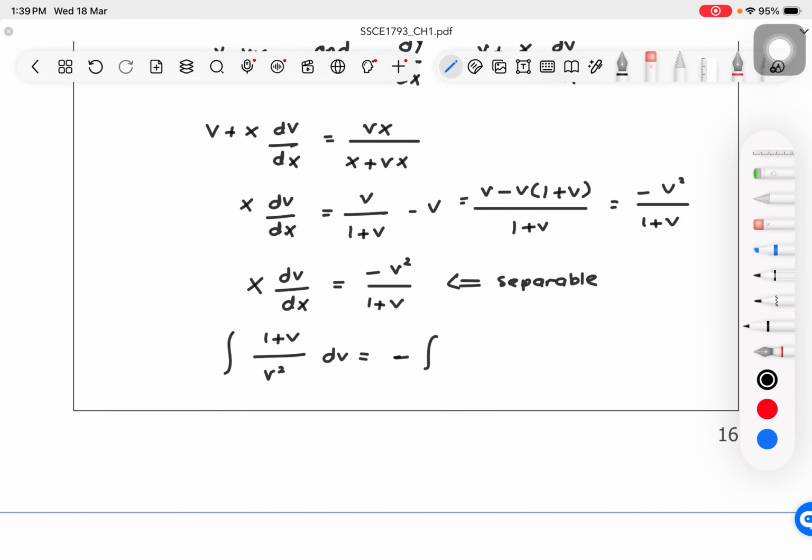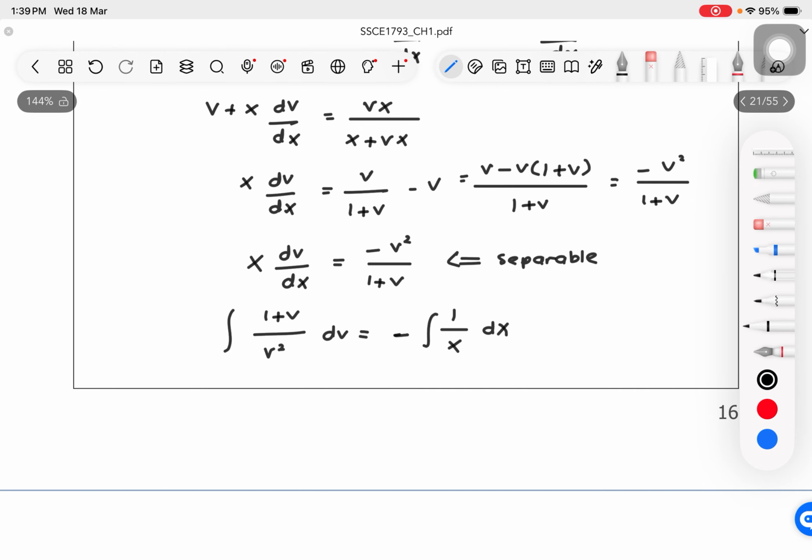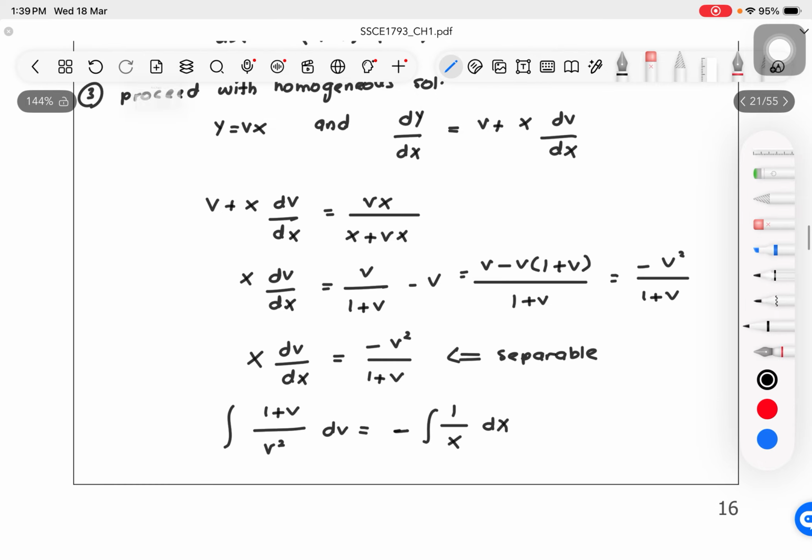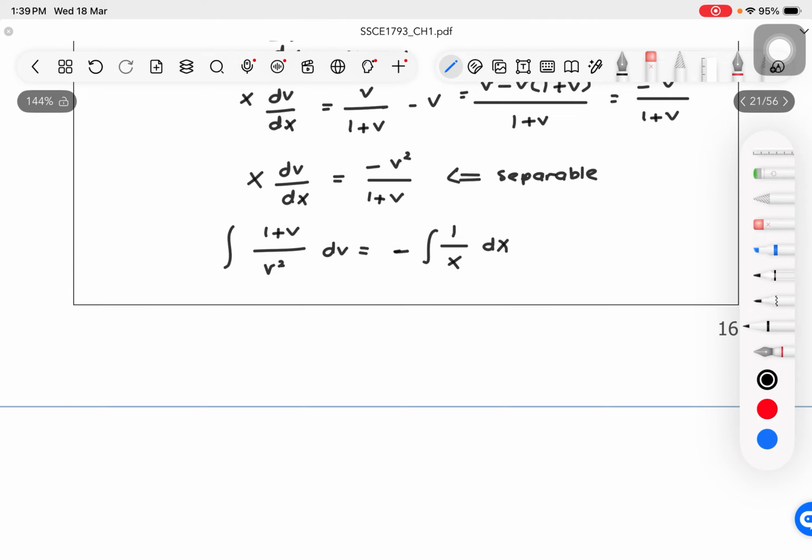Integrate that one, so you get negative 1 over v plus ln v is equal to negative ln X plus c.